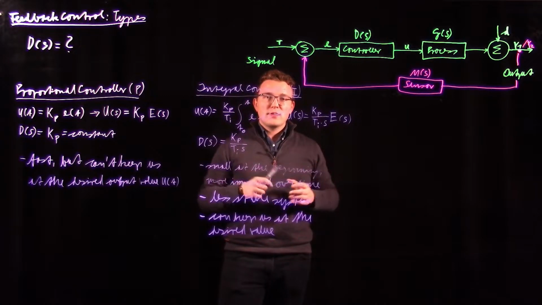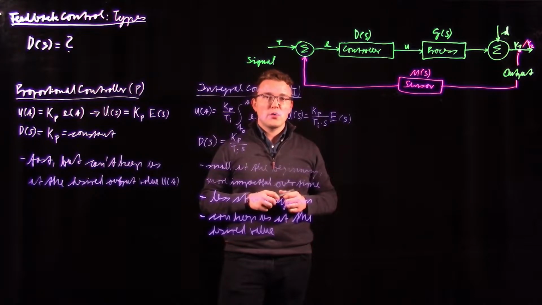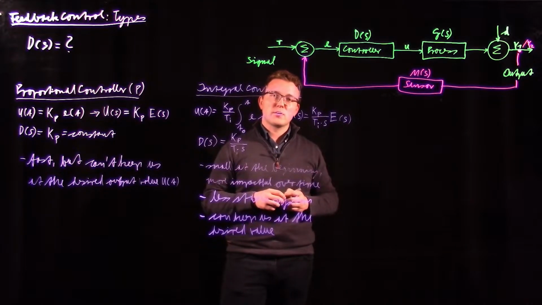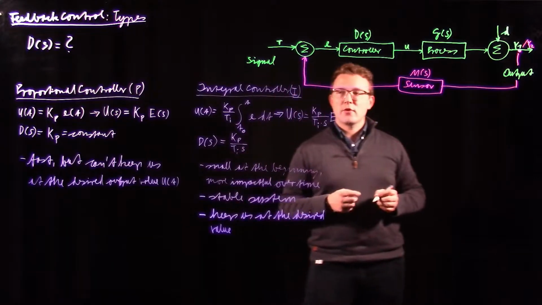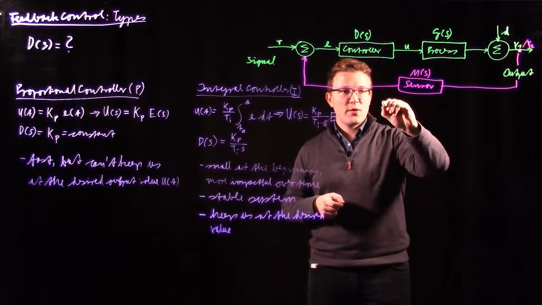Yes, this brings me to the end for the integral controller, and now I will show you the third type of controller. The third type of controller is, as I said, the derivative control.